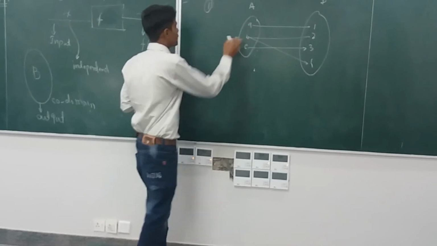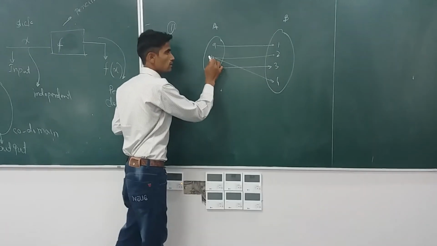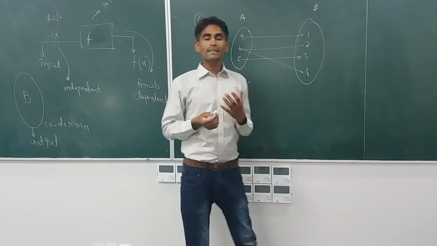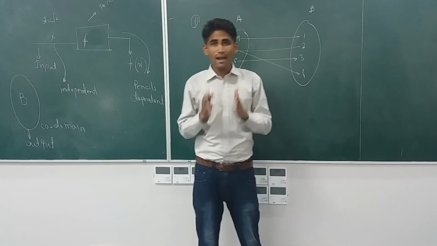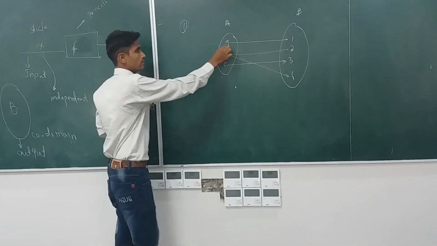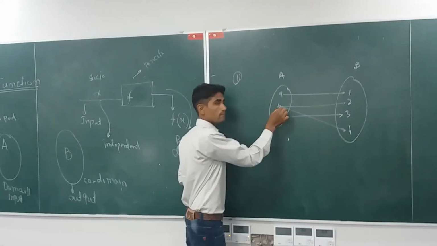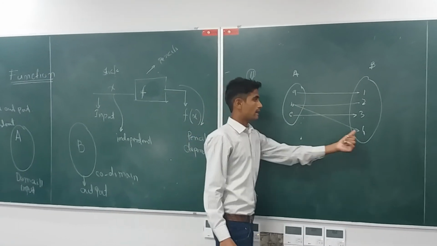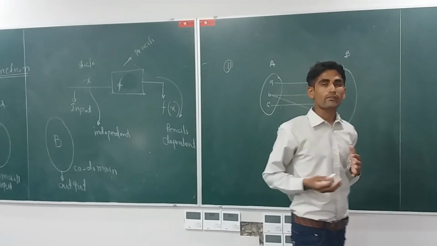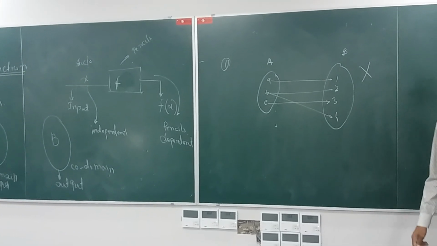This is satisfied, since A, B and C each have a range. But the second definition says that every domain has only a single unique range. A has a single range, but B has two ranges, 2 and 4. So it is not a unique range, and this will not be a function.